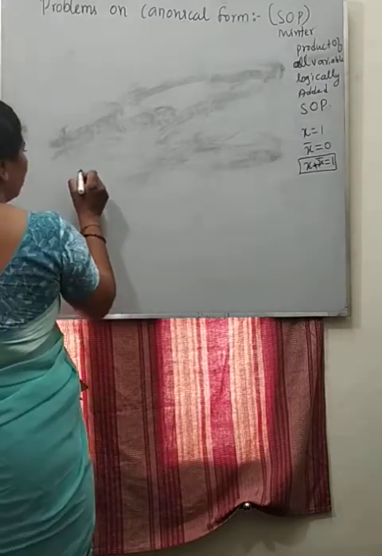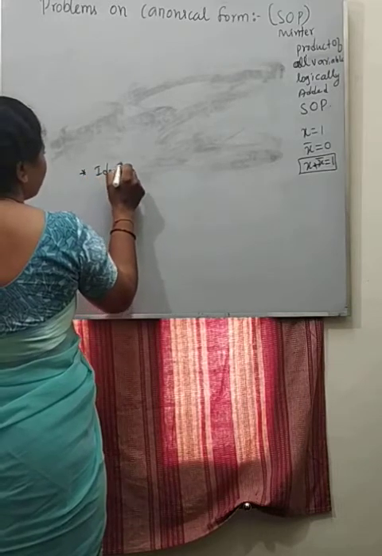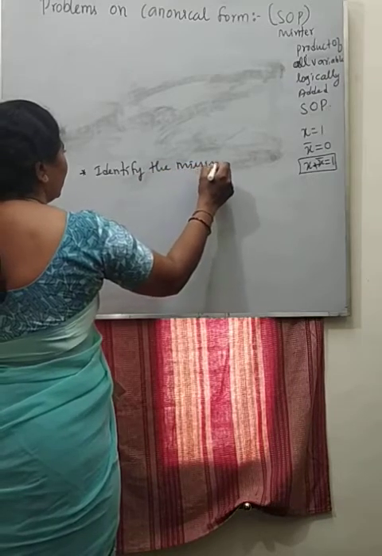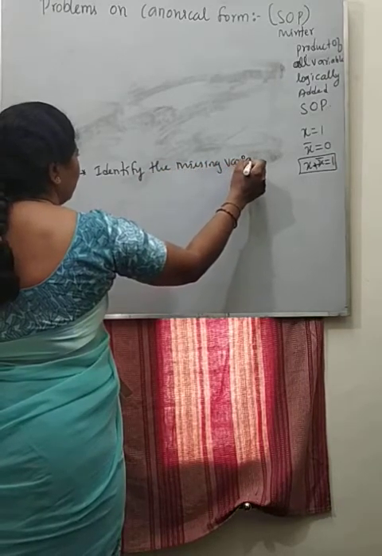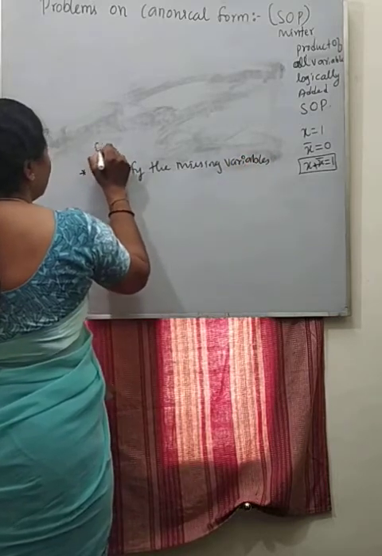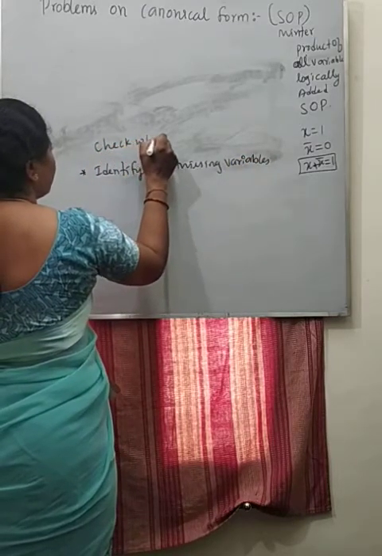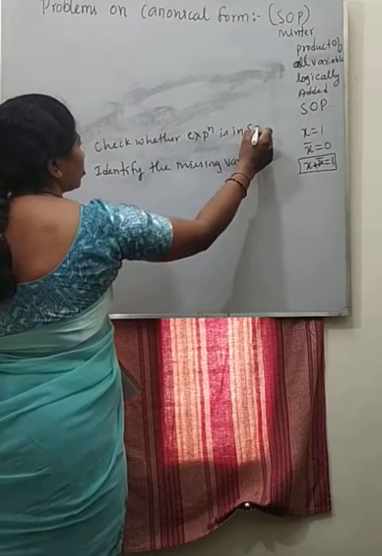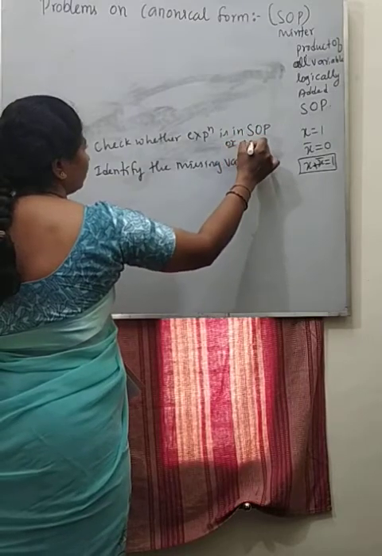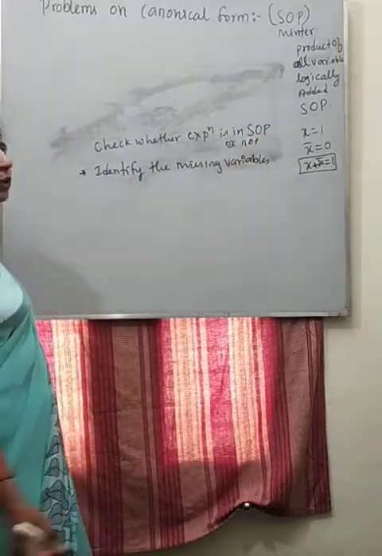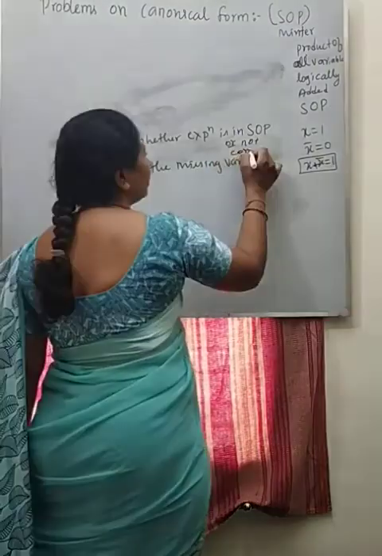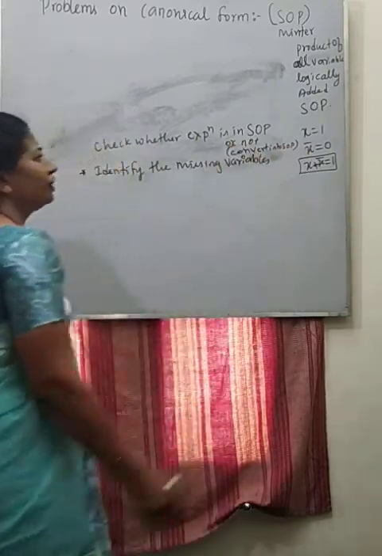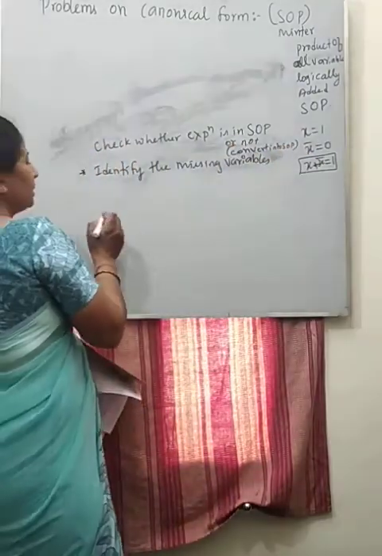First, check whether the expression is in SOP or not. If it is SOP, you can continue. If it is not, then convert it into SOP. Then identify the missing variable.